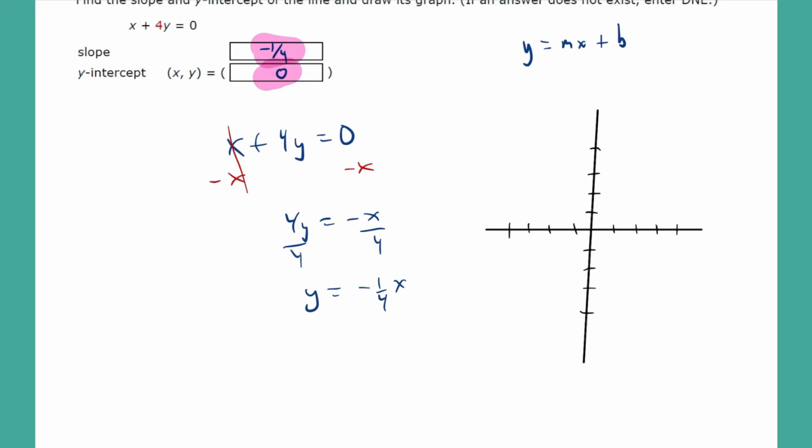Our y-intercept is 0. So first we'll graph the y-intercept, and then we're going to go down 1. So our rise is -1, and our run is +4. So down 1, over 4. So that would be 1, 2, 3, 4 would be right there. And then we just connect those 2 points.